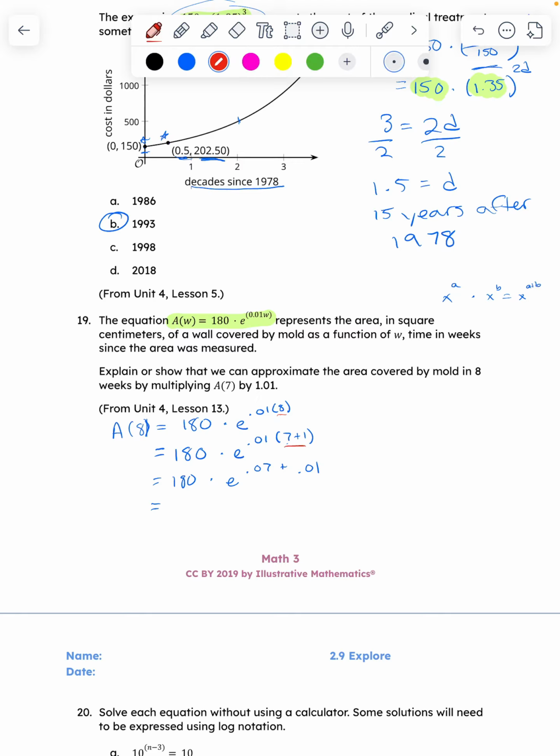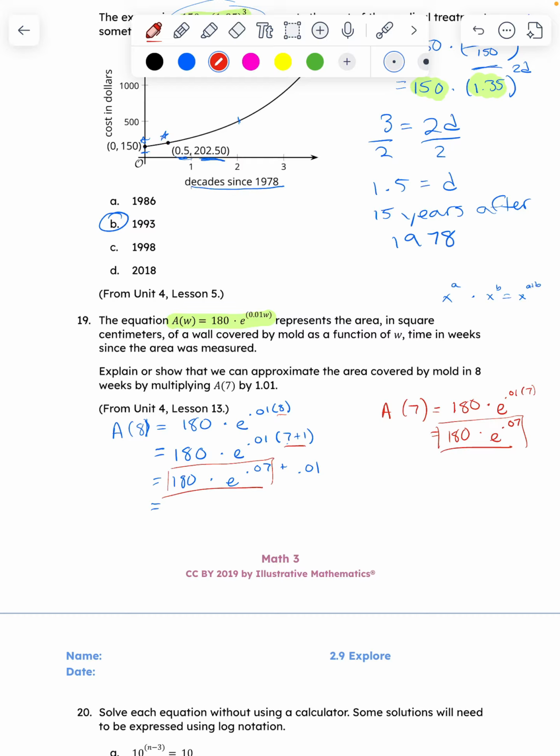What is a of 7? Well, that's going to be 180 times e to the 0.01 times 7, and this time I am going to multiply it out. That is 180 times e to the 0.07. Oh my gosh, look. It's there, and it's here.